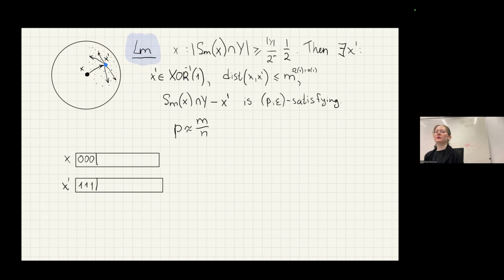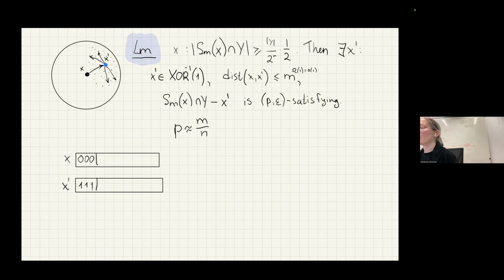I will maybe need to flip something else to give x prime the right parity, but this will be just one bit changed also. So what I want to say is just after I fix the maximal set of bits that appear too often in the flips, I'm good. Because of its maximality, I won't have anything else too likely.